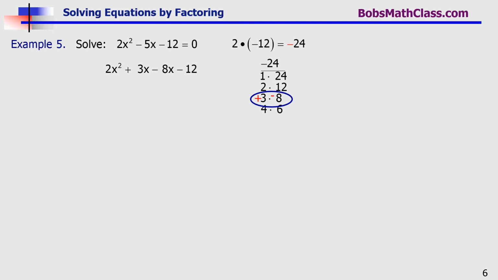Now we separate that into 4 terms using the pair that we just found. The order doesn't matter which one you put first, the positive 3x or negative 8x. And now we factor by grouping. So what can we factor from the first pair? Right, an x.